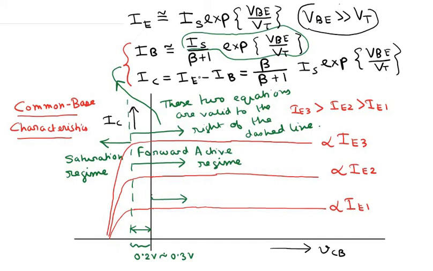So let us see if we can derive this equation, that IB is equal to IE divided by beta plus 1, which is the second equation over here. Let us see if we can derive this equation from today's discussion.